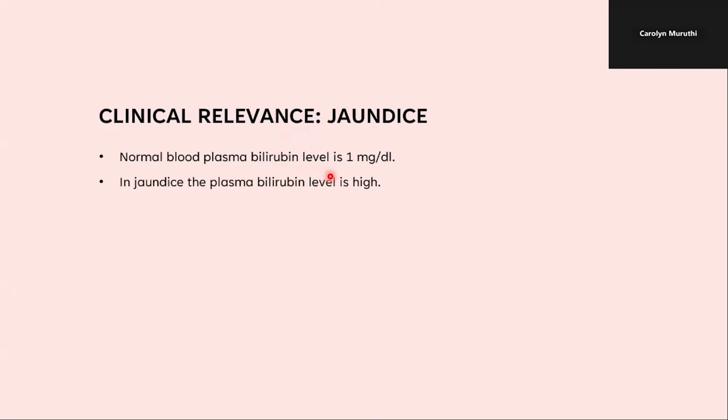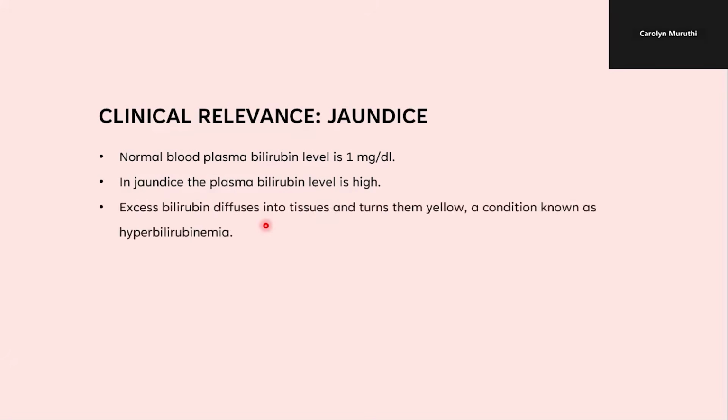Clinically, defects or obstruction in heme degradation will lead to jaundice, which is a major clinical significance of heme degradation. It is important to note that the normal blood plasma bilirubin is about 1 milligram per deciliter. And in case of jaundice, the plasma bilirubin tends to be high.